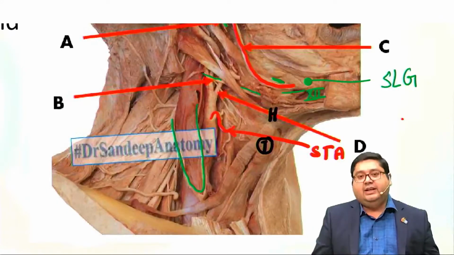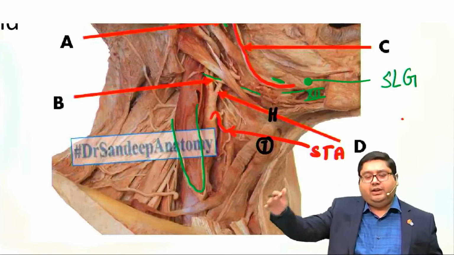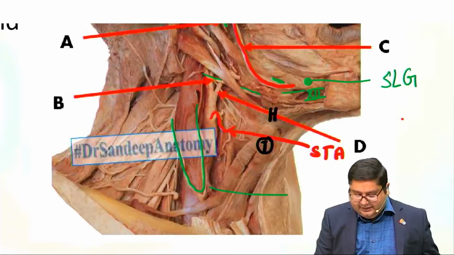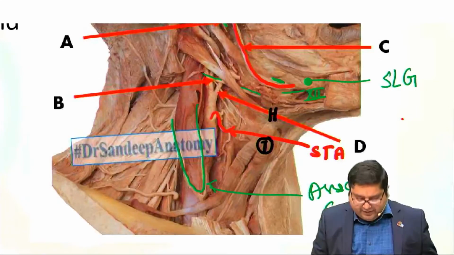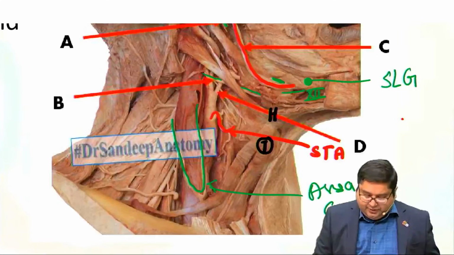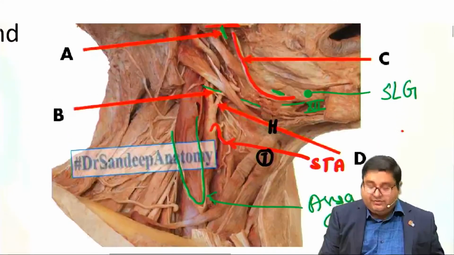Can you identify this loop of the nerve? We have the superior and the inferior root. This is nothing but the ansa cervicalis.